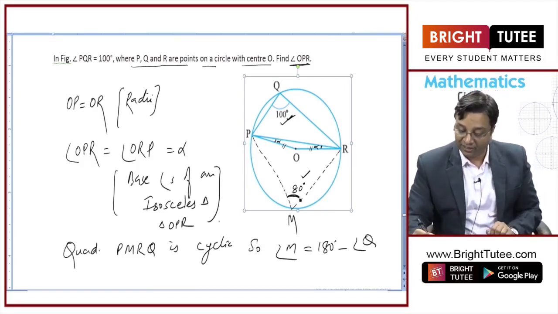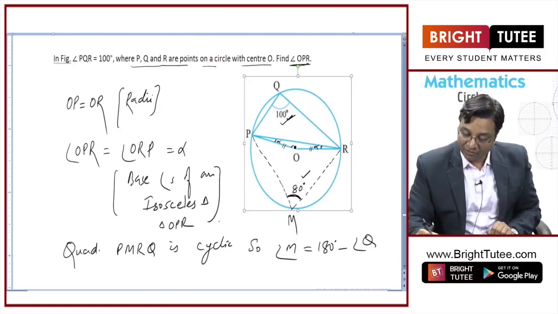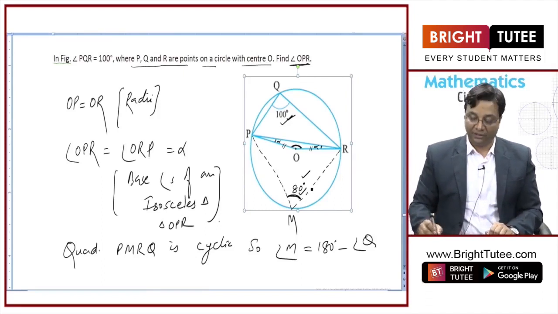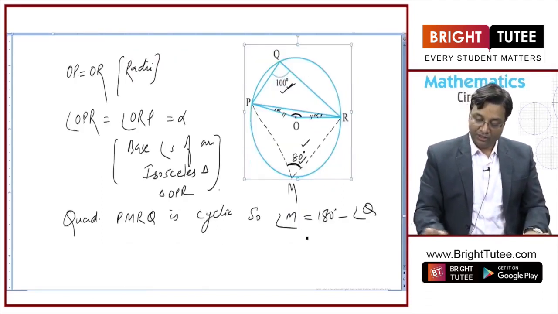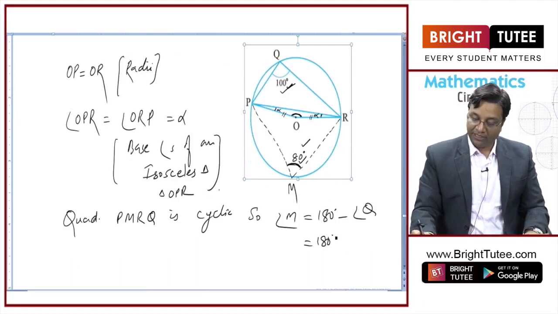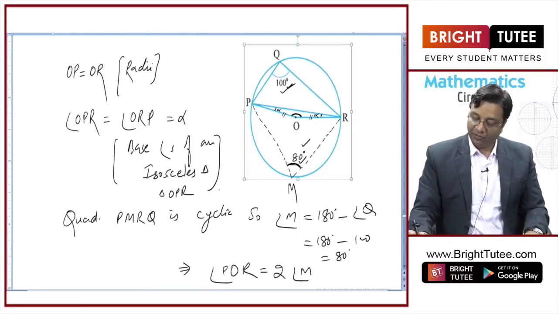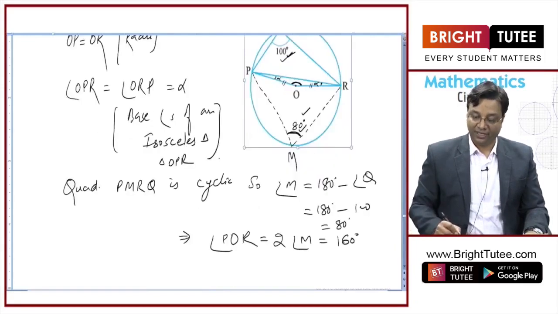Why do I want to find this angle? Because I am looking for this angle here, which is double of this angle. So it is equal to 180 minus 100, that is 80 degrees. Hence I can say angle POR, which is double of angle M, will be equal to 160 degrees.